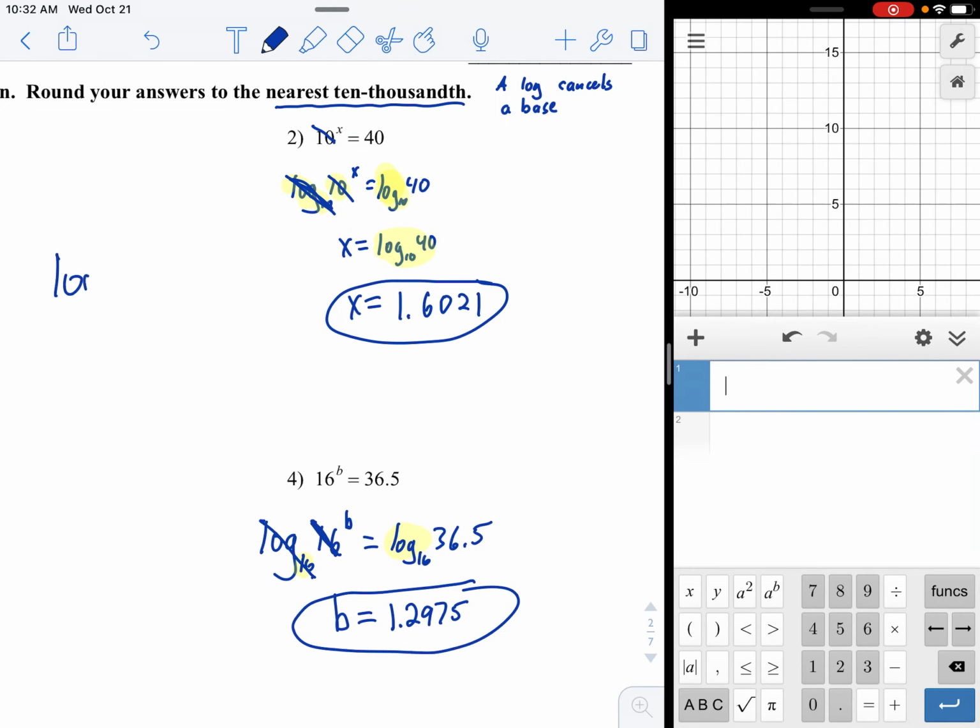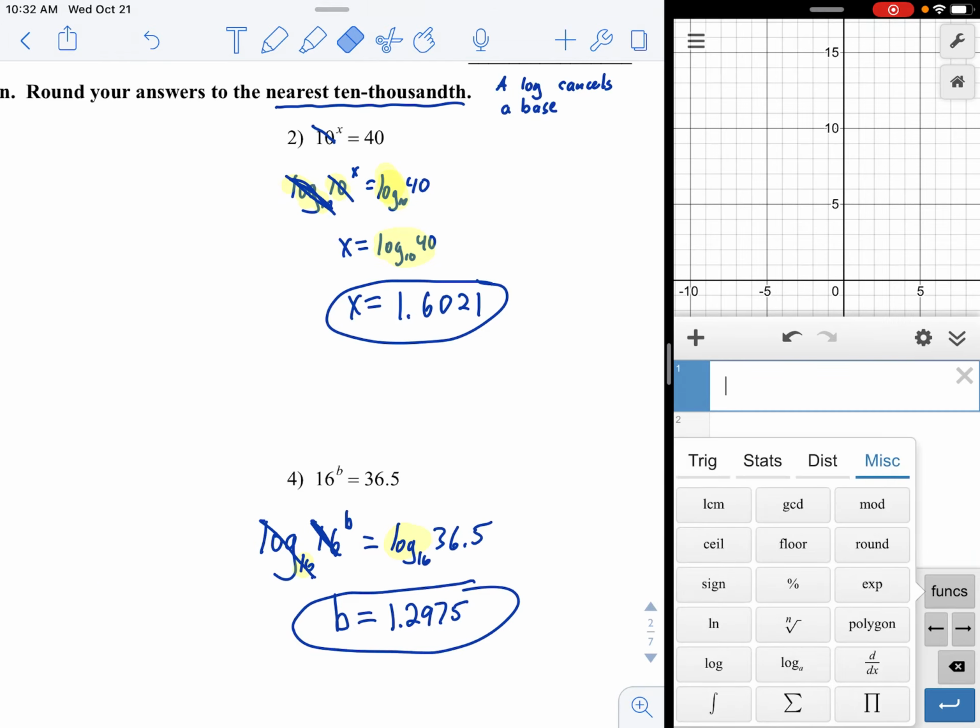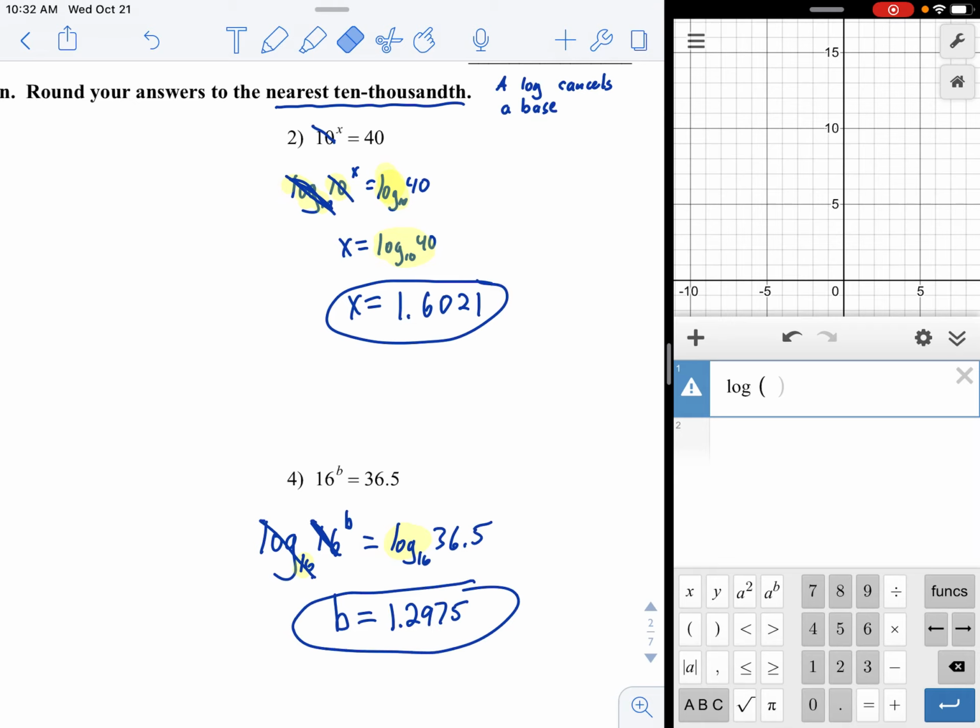You can have log base 2, log base 3, log base 4, log base 5, right? Infinitely many of them. There's not infinitely many log buttons on a calculator. So this log base A allows you to choose any base you want. You want to do log base 5? Fine. You want to do log base 3? Great.